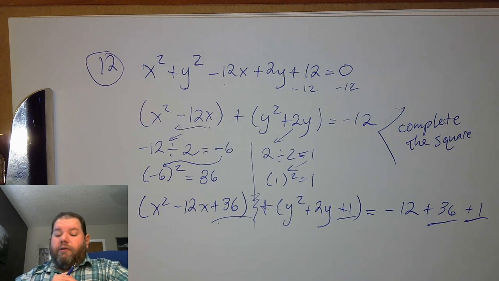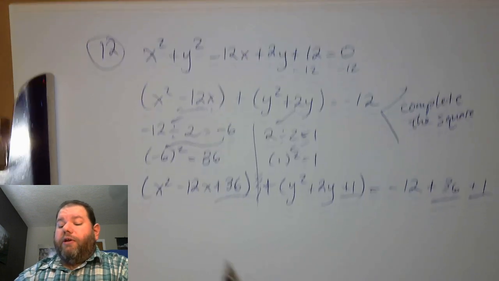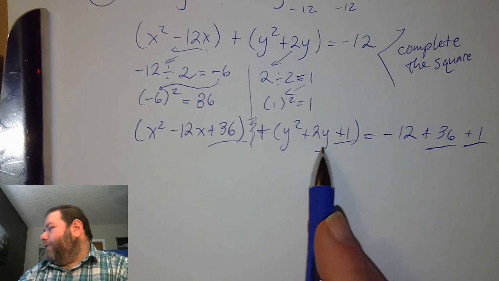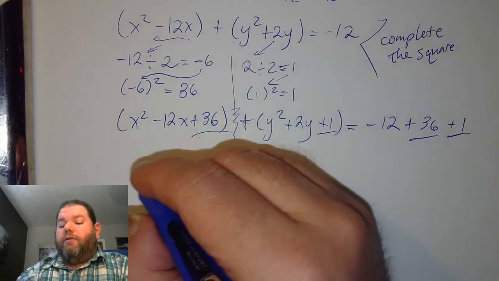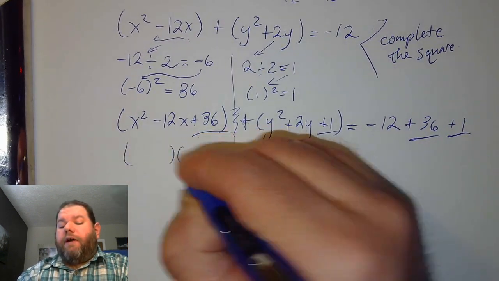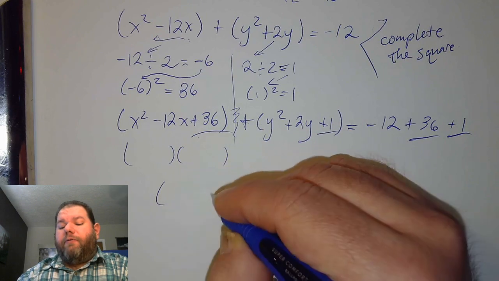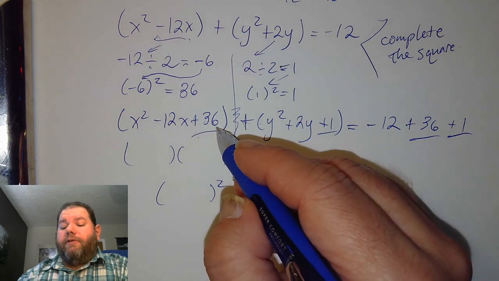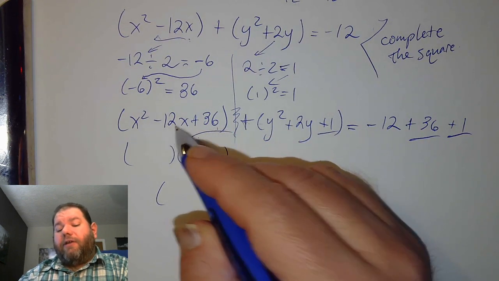Now, we can factor each of these pairs of parentheses. We can factor it as 2 identical factors, so we should be able to write it as a binomial squared. So we're thinking about what multiplies to 36 and adds to negative 12.